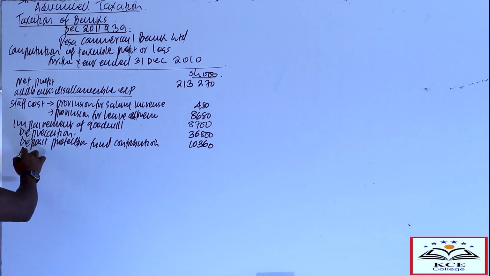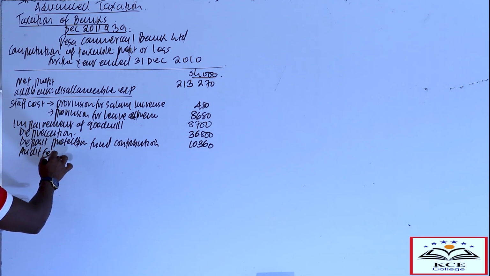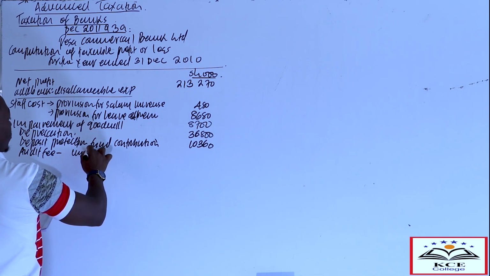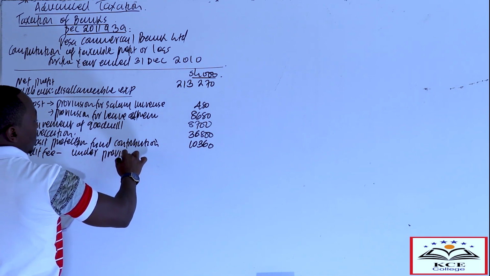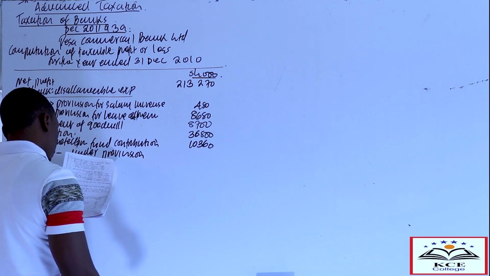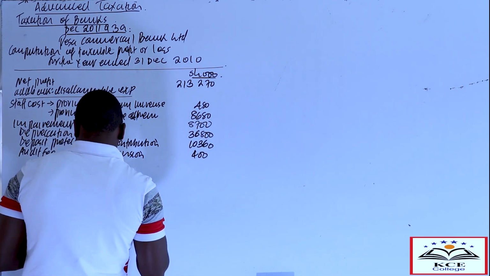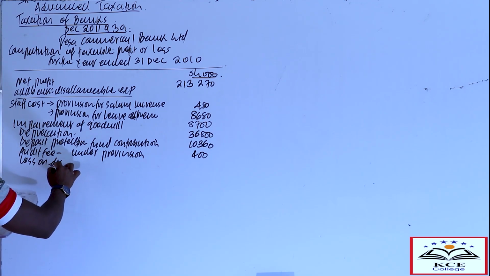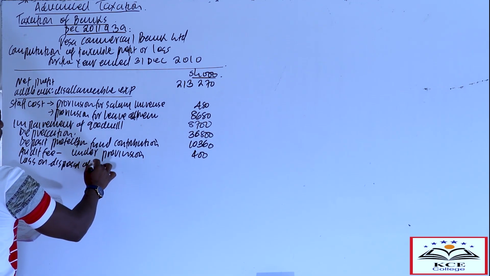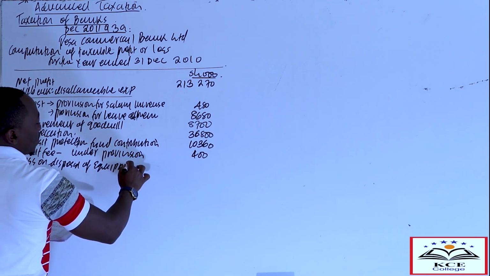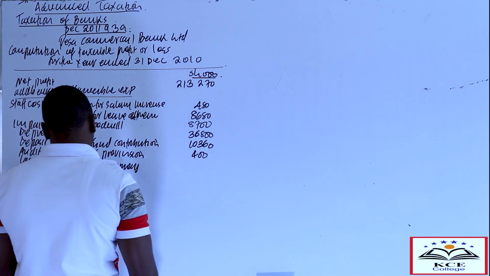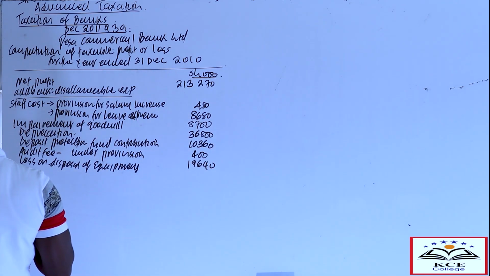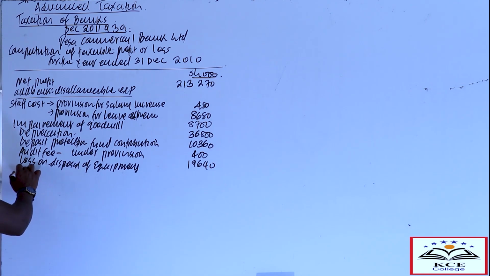Then we had audit fees for the previous year, the under provision for the previous year, and the amount was 400. Then we had loss on disposal of equipment, an amount of 19,640.